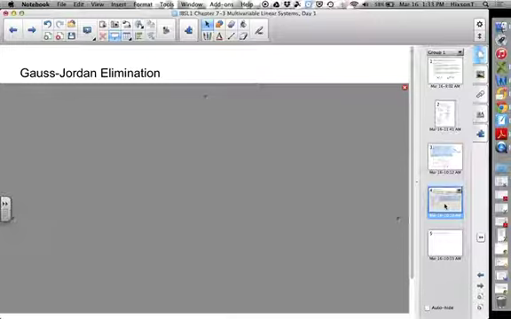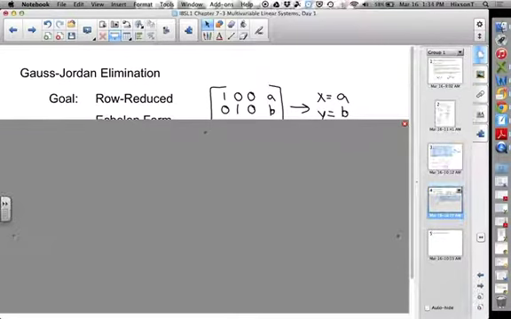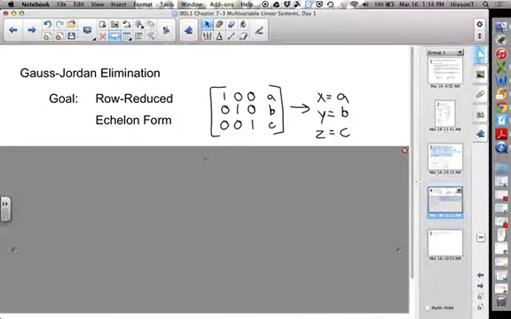Okay. So let's take a look at what our goal is here, and then we'll look at an example of how we can get there. Our goal is what's known as a row-reduced echelon form. You'll see it abbreviated RREF. Row-reduced echelon form. And you'll recognize this from earlier. We had a 1, 0, 0, then some number.